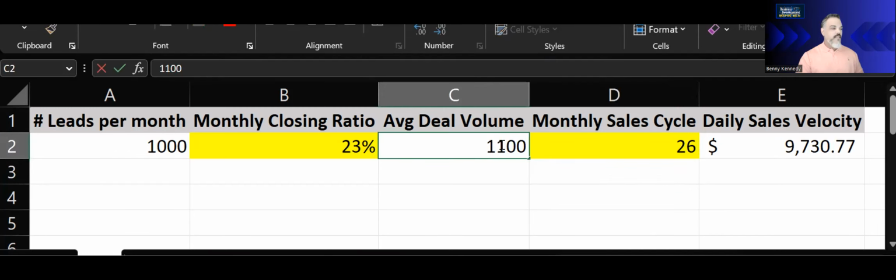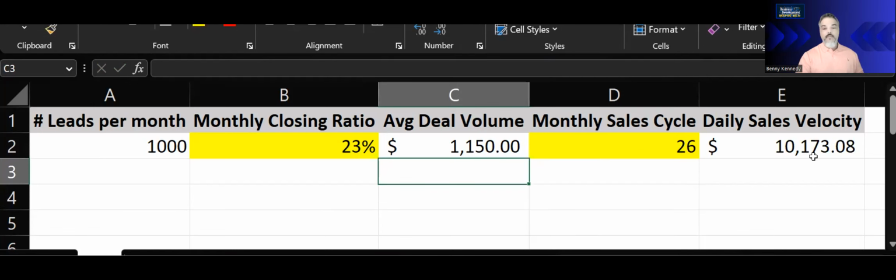If you raise this just a tad bit, and we add just $50 to this, bam. This is what you want in your sales meetings, so that way you're increasing confidence, you're increasing certainty, and you're increasing the capability of your entire team.